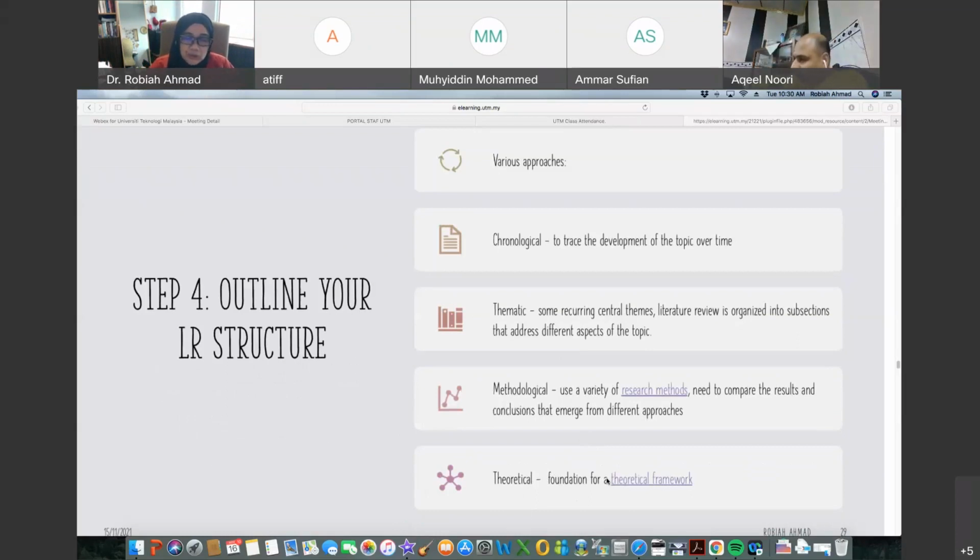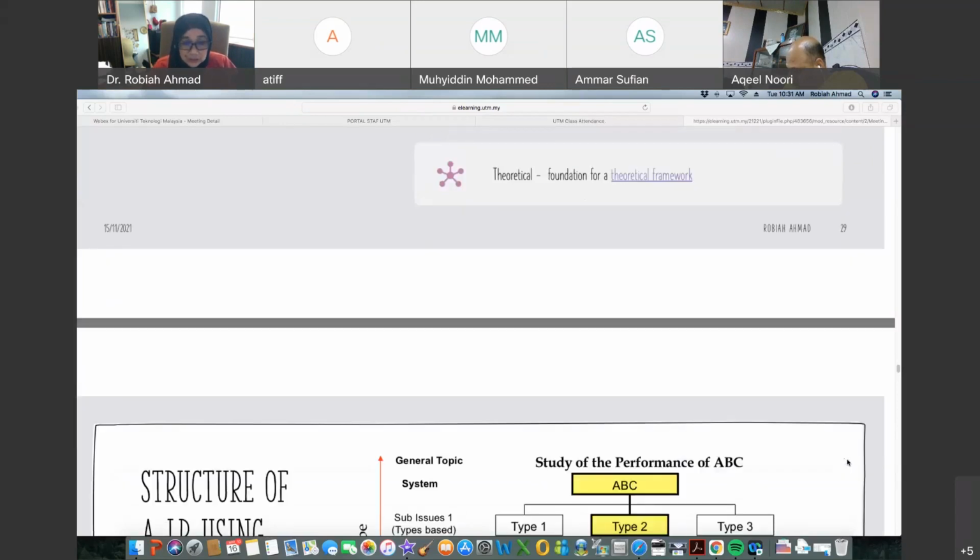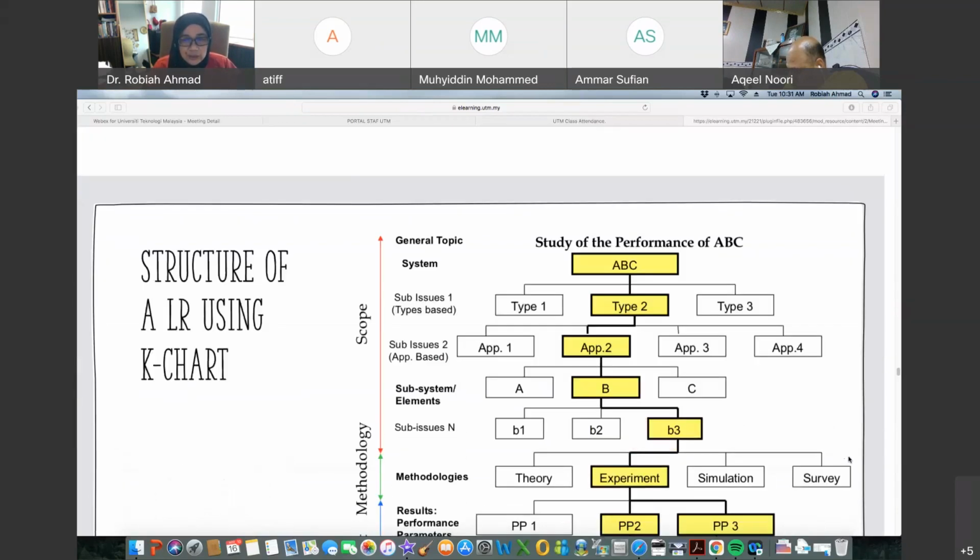So in order to outline the literature structure, usually for my students, I encourage them to use this technique, which I think is very good. You may have your own way of structuring your literature, but this is the one that I really find very good.